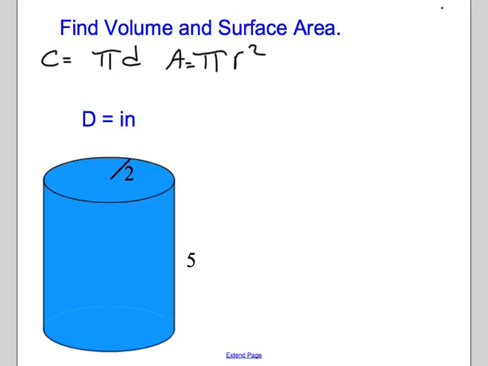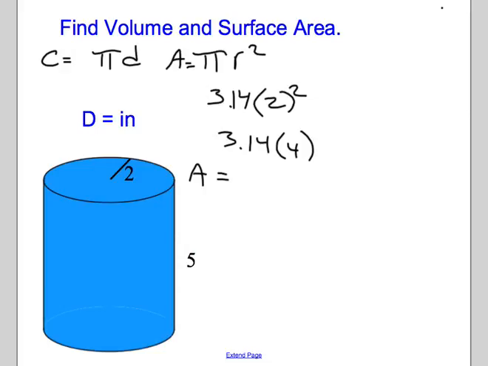That's what we're doing here. 3.14. The radius on this circle is 2. Square that. 3.14 times 4. And you're sure welcome to use a calculator at this point. 12.56? Yep. 12 and 56 hundredths. Following me on that, Chris? So there's your area of the circle.